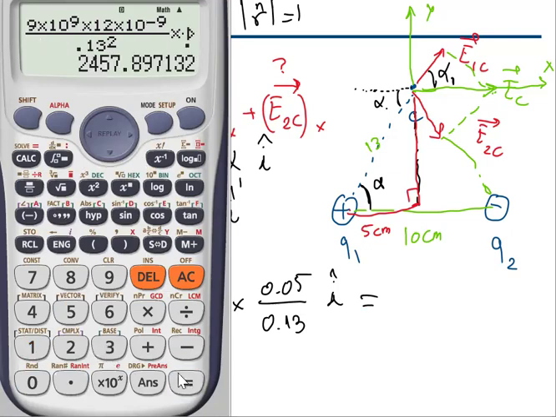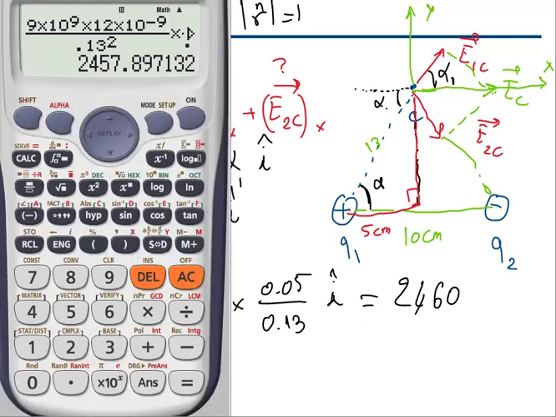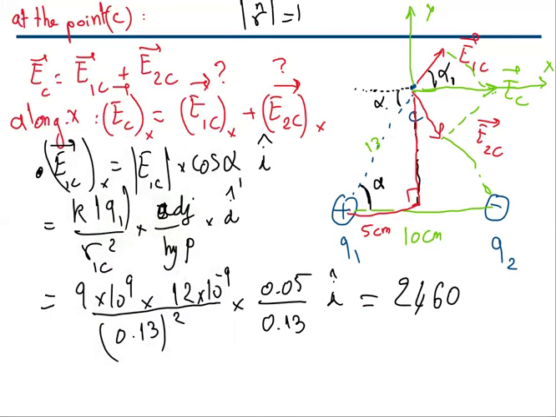So it's 2,460 if we take three significant figures, 58 i Newton per Coulomb. This is our first vector E1C.